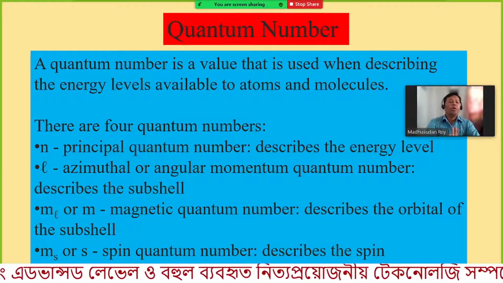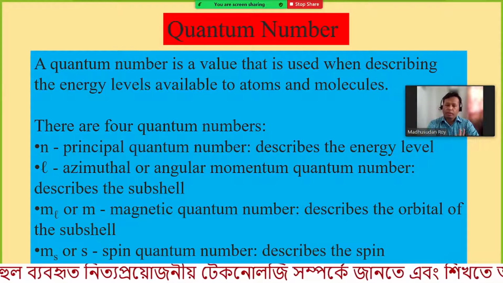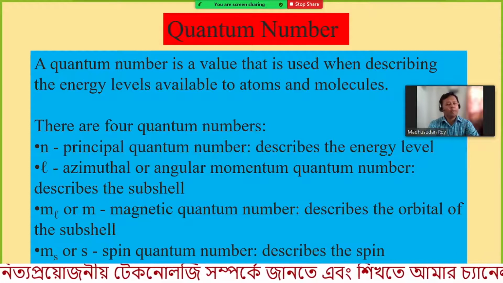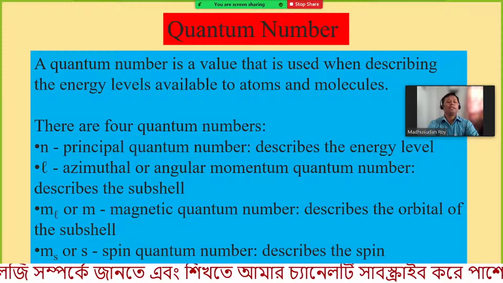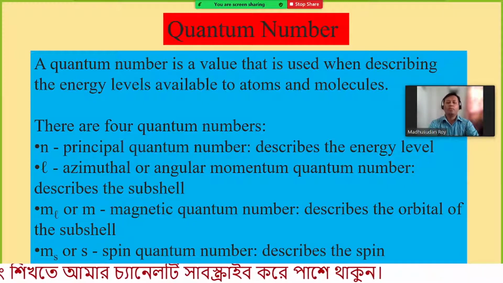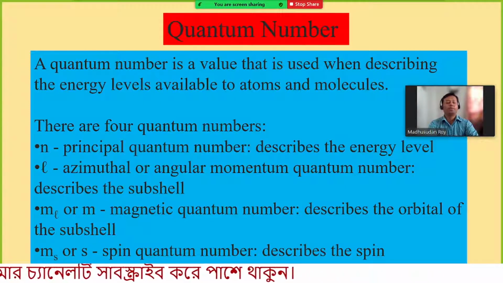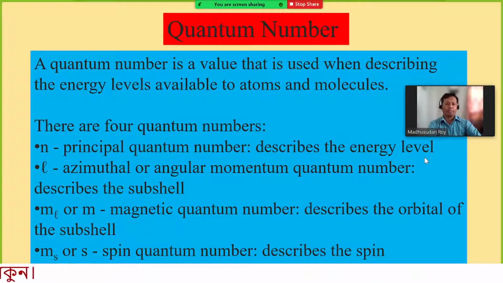So we have 4 different types of quantum number: the principal quantum number, the azimuthal quantum number, the magnetic quantum number, and finally the spin quantum number. Now what are they? Let us see. The principal quantum number describes the energy level.